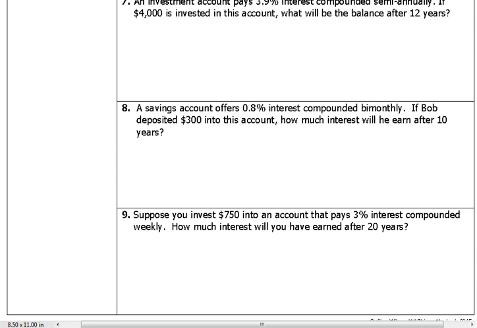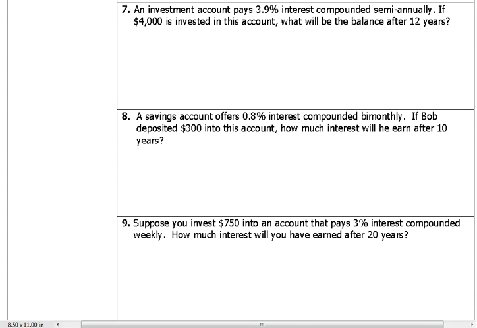Okay, let's do a few more just to make sure we got it. Number 7, an investment account pays 3.9% interest compounded semi-annually. Okay, so the rate is 0.039 compounded semi-annually. Does anybody know what semi-annually means?